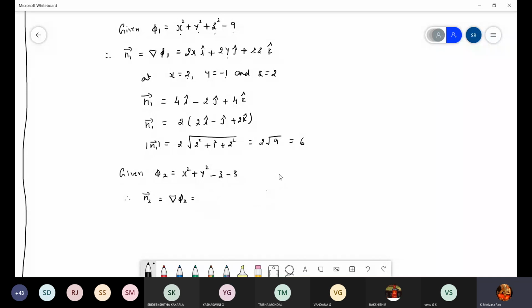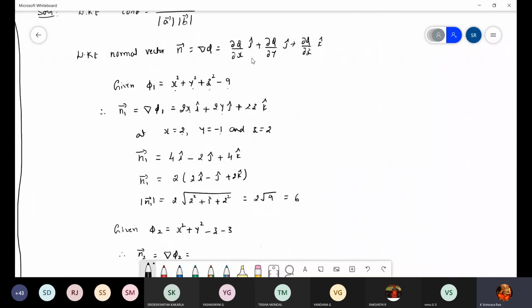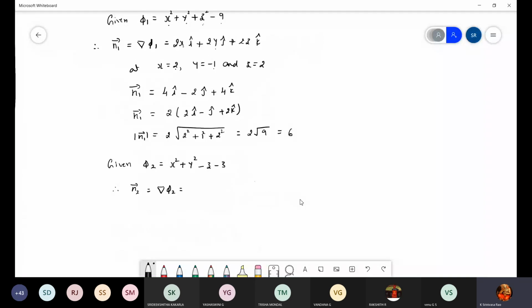Dou phi by dou x I cap is the general formula, so no need to write it here. Differentiate our complete surface with respect to x, with respect to y, and with respect to z. So what you will get? X square differentiation is 2x I cap, and the other terms become 0 with respect to x.